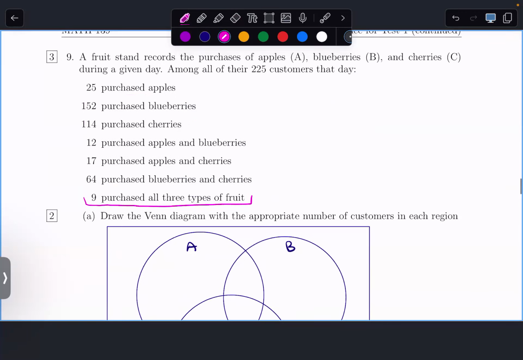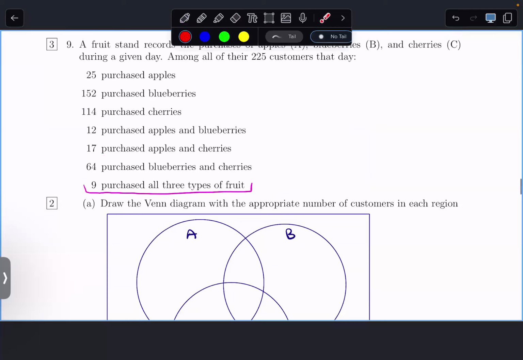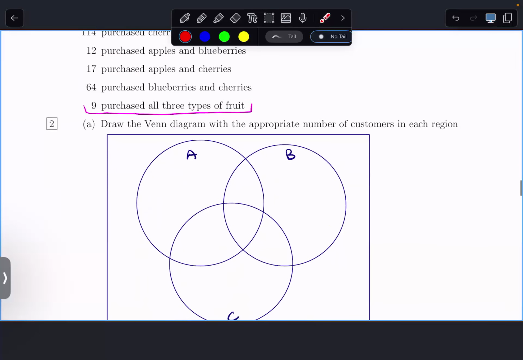They purchased a bunch of different fruits, total of 225 customers. Some purchased apples, some blueberries, cherries, but they're also allowed to buy combinations, or all three. That's all allowed. So make sure you start in the center with the 9, because now you're going to have to subtract that 9 from all the other areas.